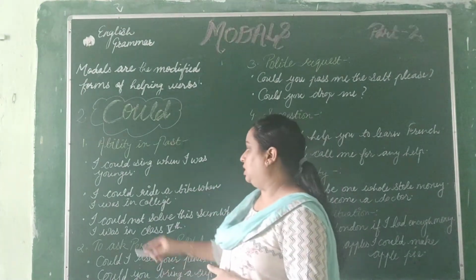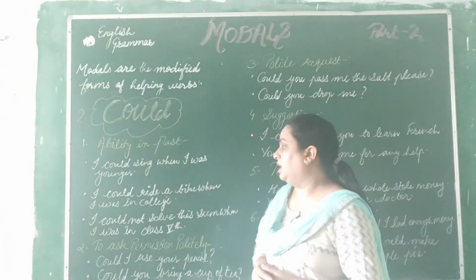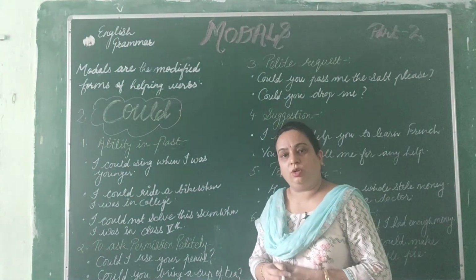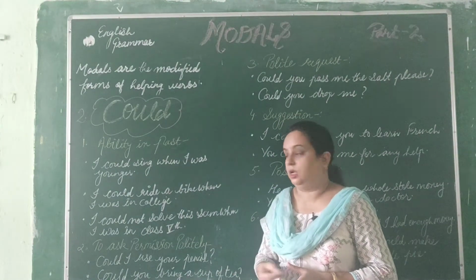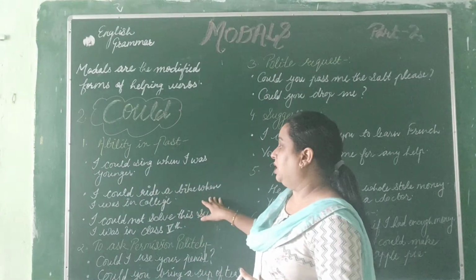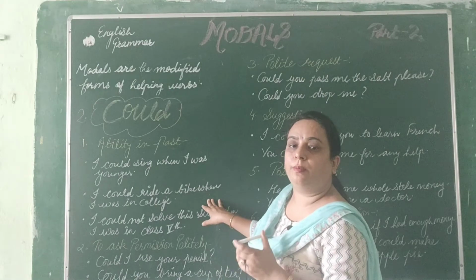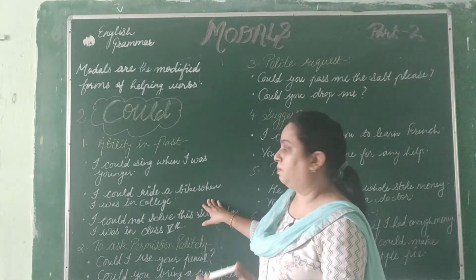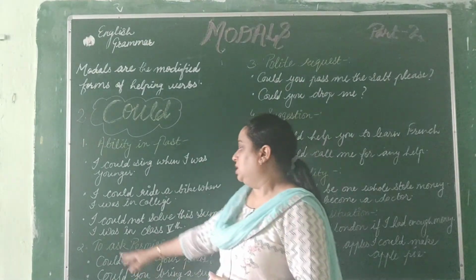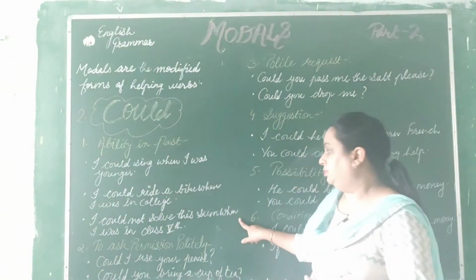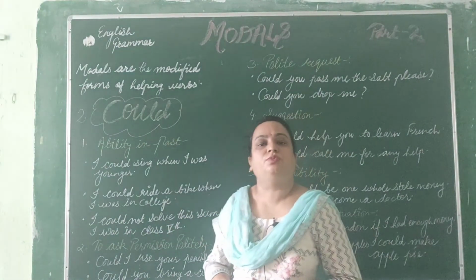Second one is I could ride a bike when I was in college, but now I cannot do that. It can happen that when I was young, I could ride a bicycle, or you may say bike. I could not solve this sum when I was in class 5th.